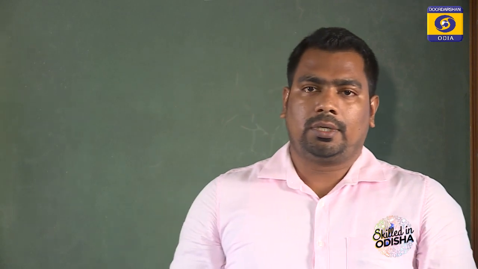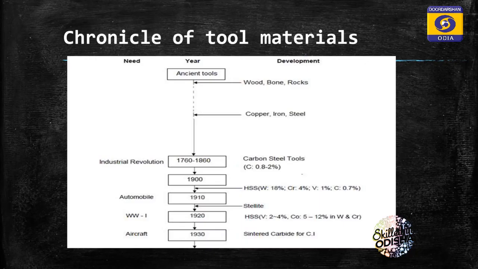Then after some period when the automobile came into existence, we created more developed cutting tools. During the World War time, we created a cutting tool called high speed steel, which boosted the machining properties.